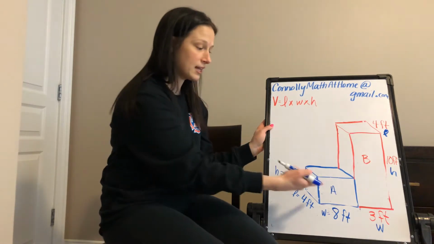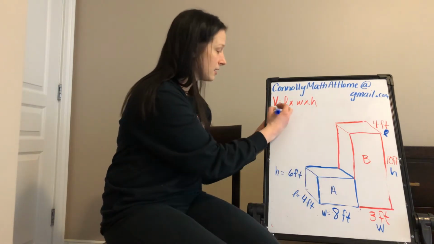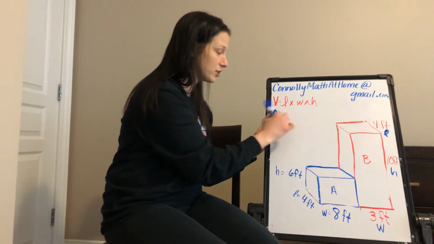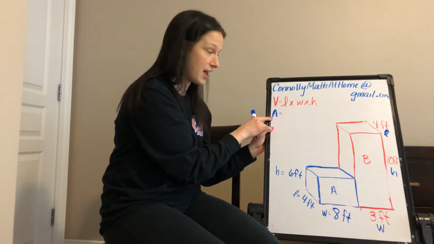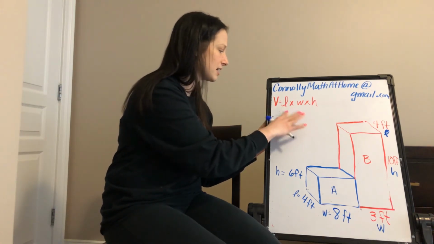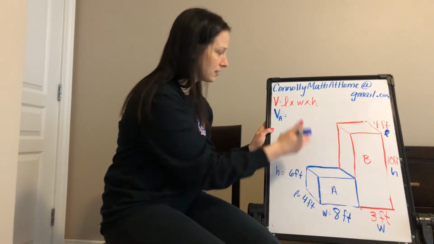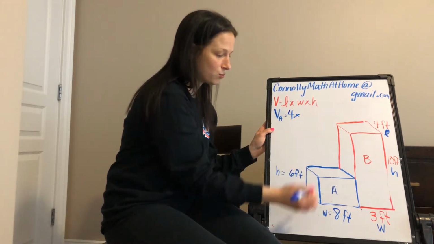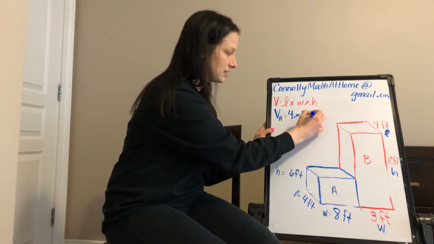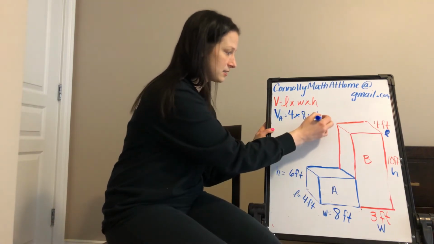So, like I said, I label with A, so I can keep track of what's going on here. So the volume of A, let's do it a little more fancy. The volume of A is length 4 times width 8 times height 6.